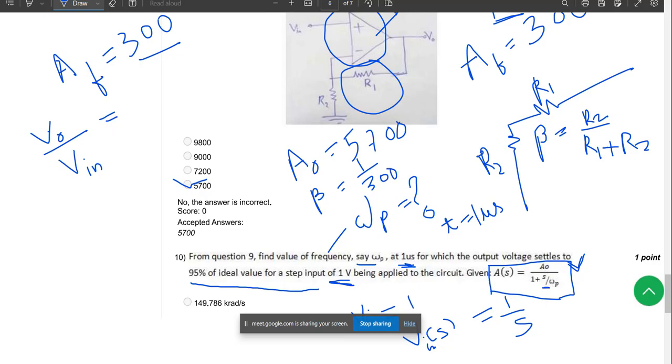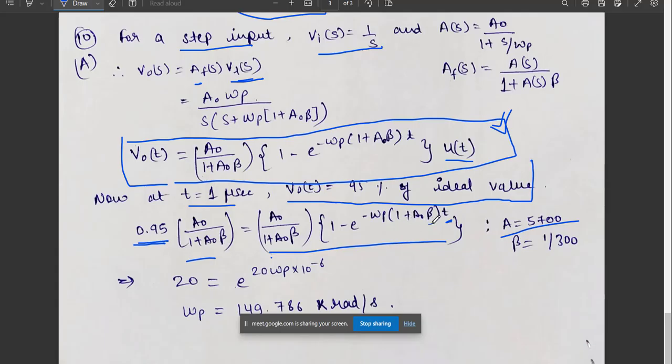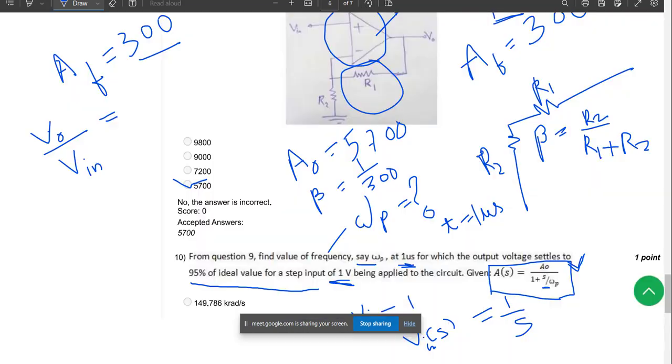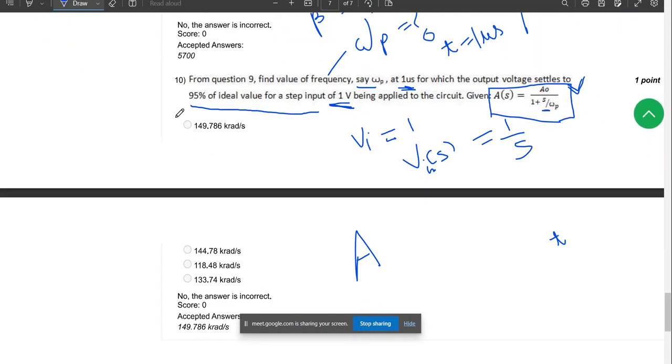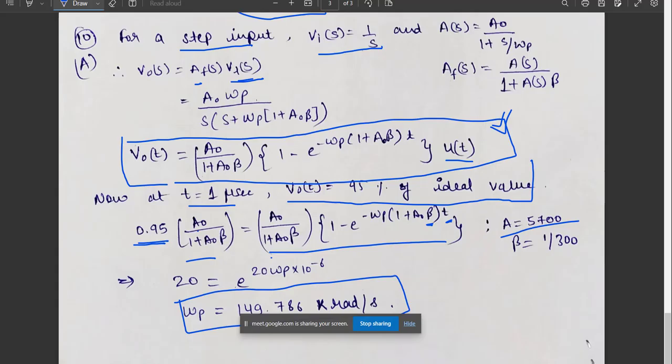So in this equation all the unknowns, beta and A naught, are given. Only omega p is left. We'll put all the values and find out omega p. Any doubt here? So option A will be the correct one.